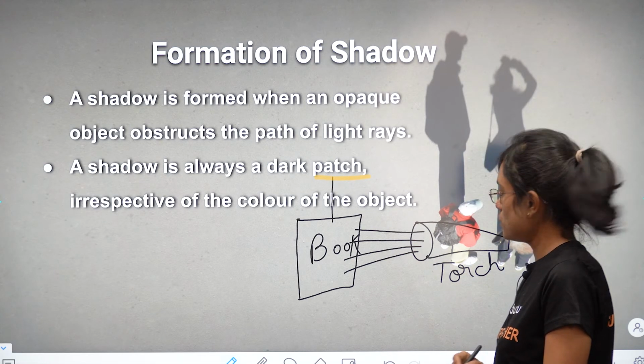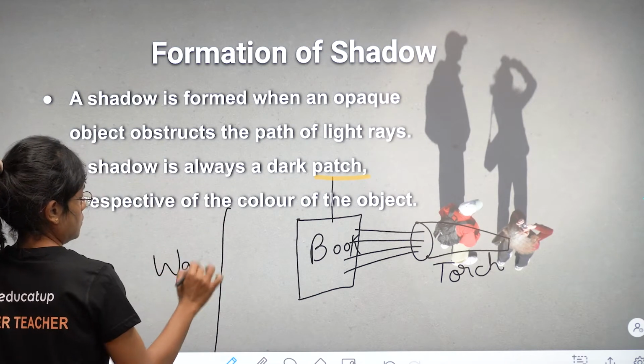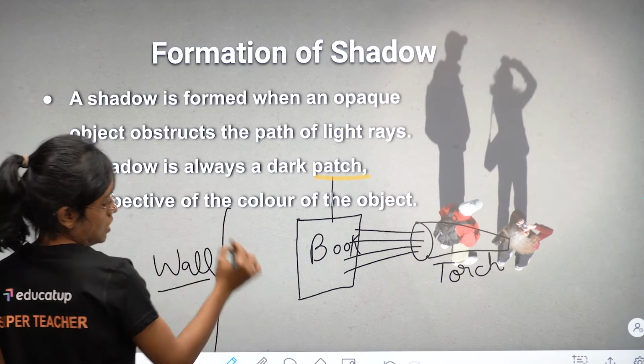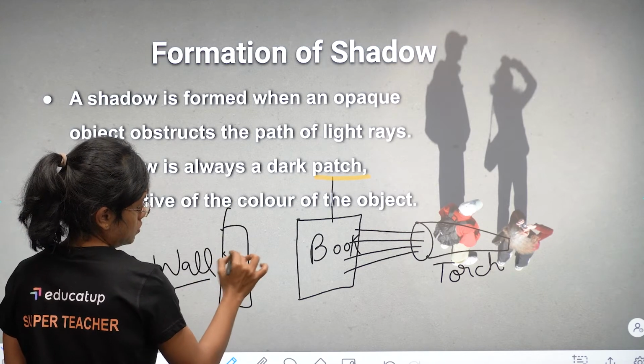Alright, now what will happen? And this is a wall. A black colored patch will be formed here.